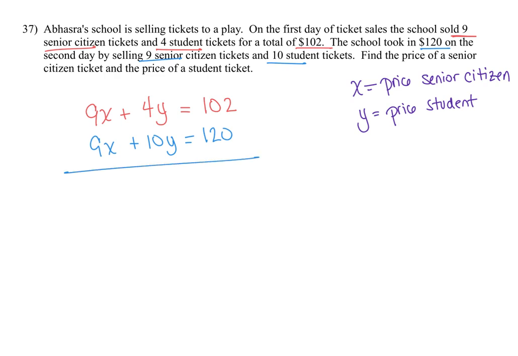I am not quite ready to eliminate, right? What do I need to do? Multiply one by -1. So if I multiply this top one by -1, that's going to be -9x, -4y, -102. Now I am ready to add.